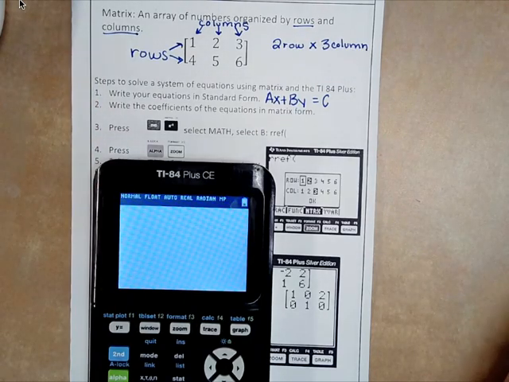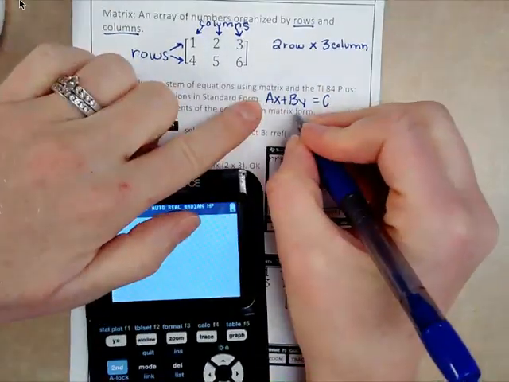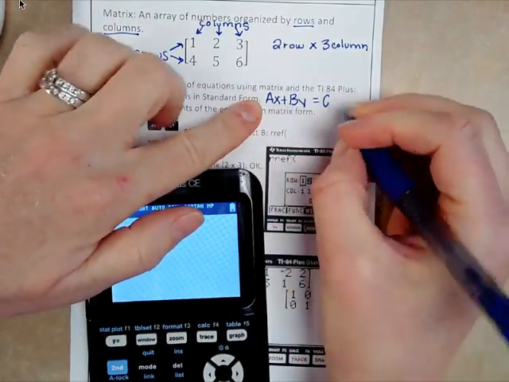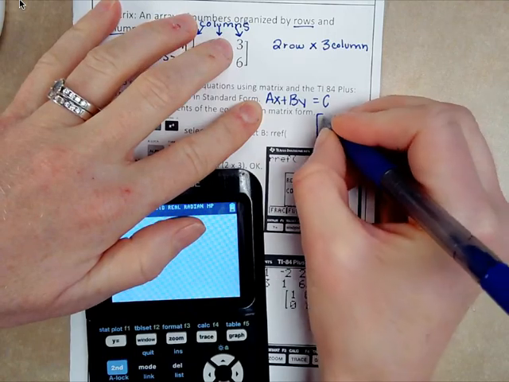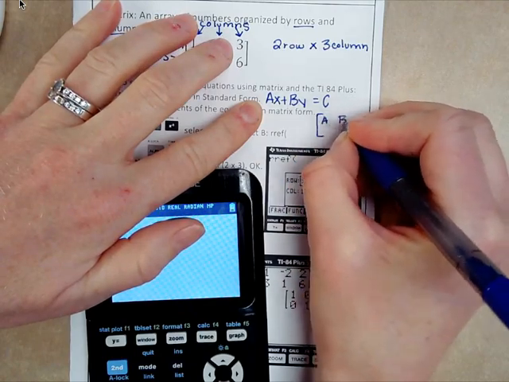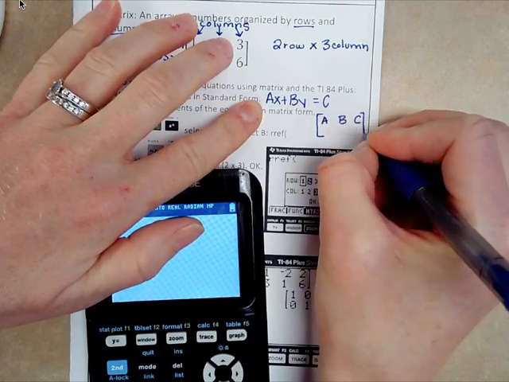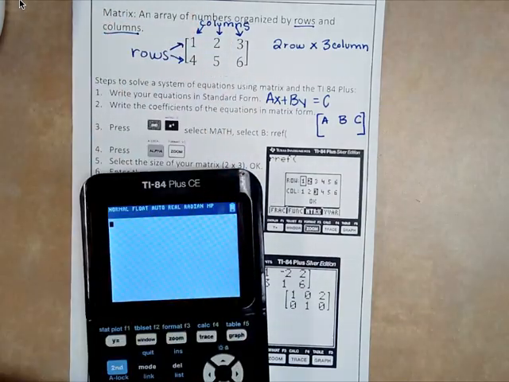So you're going to take your standard form equations and just write the coefficients of the equations in matrix form. The word coefficient means the number in front of your variable. So if you have it in AX plus BY equals C form, then you're going to write this as A, B, C for the first equation.